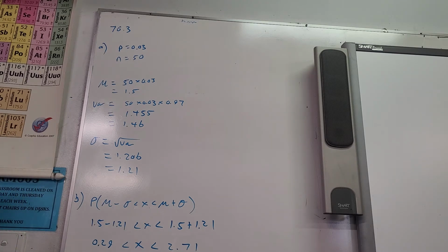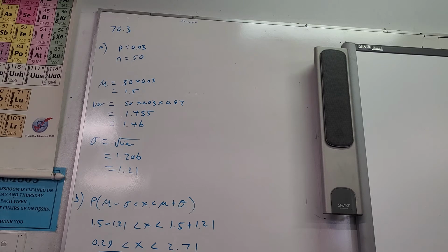This question is saying it has to be less than 2.71, so that is going to be 2. It's not including 3, it has to be under 2.71. And it's more than 0.29, so it has to be more than 0.29. And so we're saying, what is the probability out of 50 matches of having 1 or 2 that are defective?